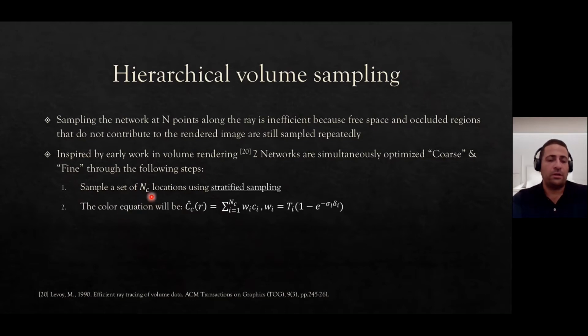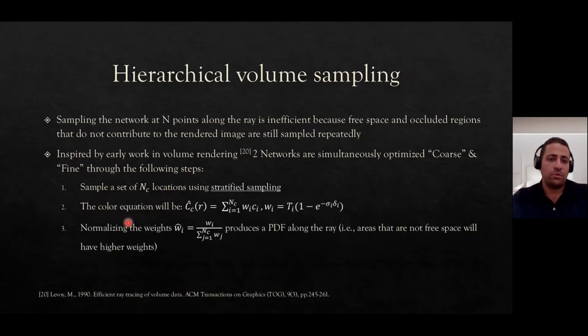Now we calculate the color equation, which is C coarse. This is the same color equation as before, except we replace the first 2 terms with W, which is the weight multiplied by the color. If you remember, the first 2 terms are capital T, which represents the transparency, or whether there is something in that area, multiplied by the second term, which represents the density of the point where we're standing. Afterwards, we normalize these weights.